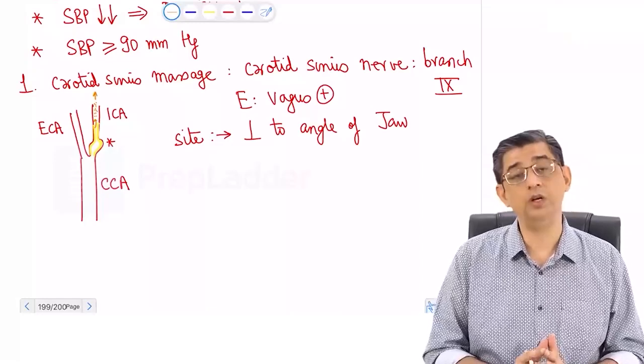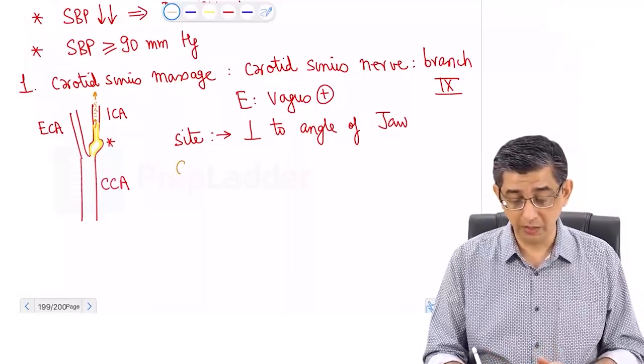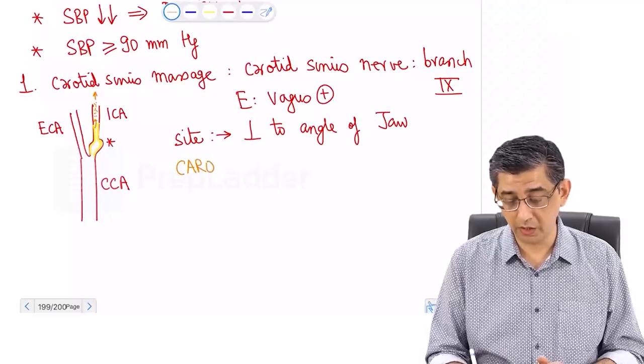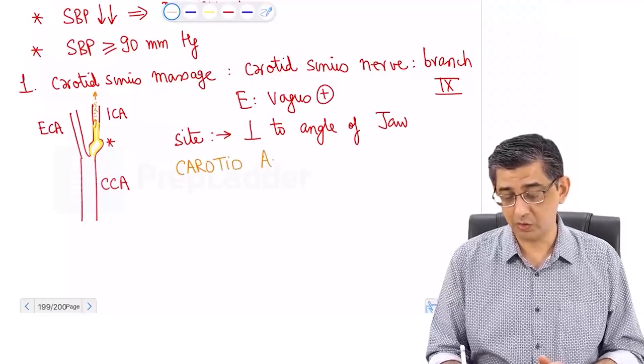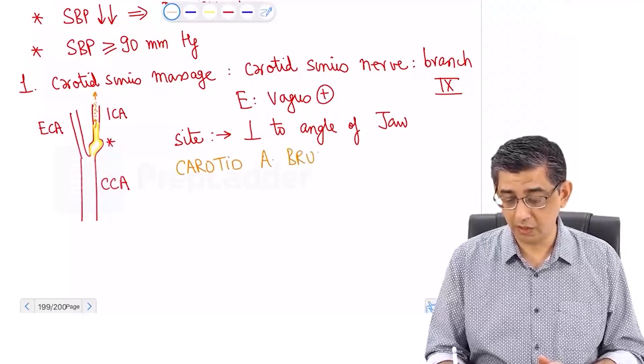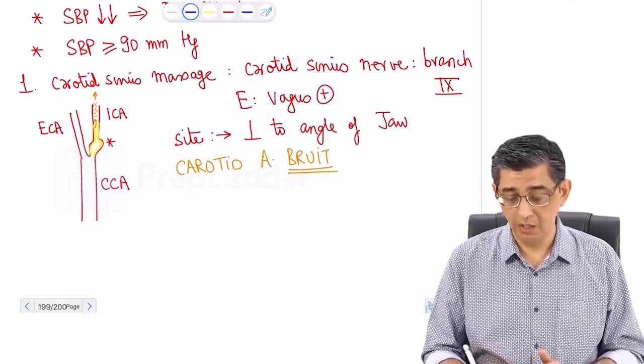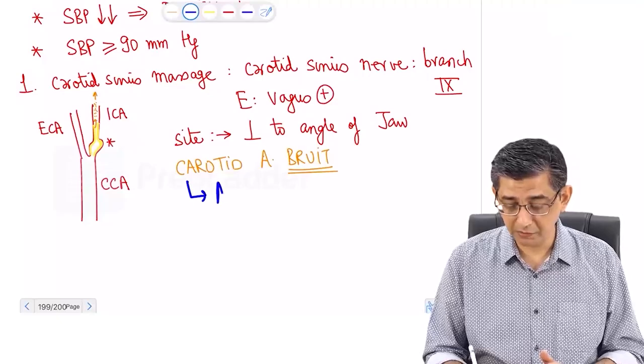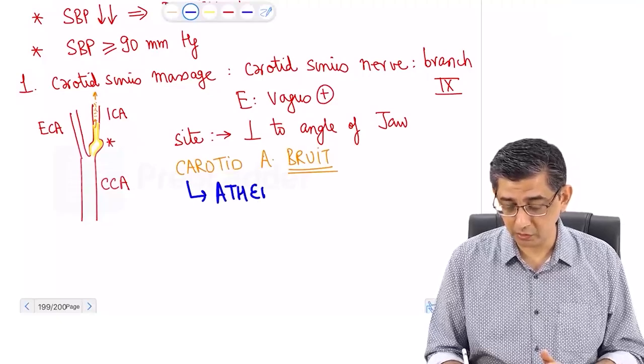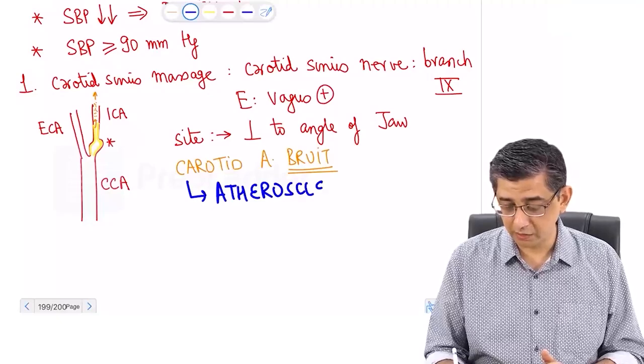So how, as a doctor, would I know whether somebody is having atherosclerosis of the carotid artery or not? It is with respect to this auscultatory finding, carotid artery bruit. The moment you read the word carotid artery bruit, it per se means that the person is suffering from atherosclerosis of the internal carotid artery.